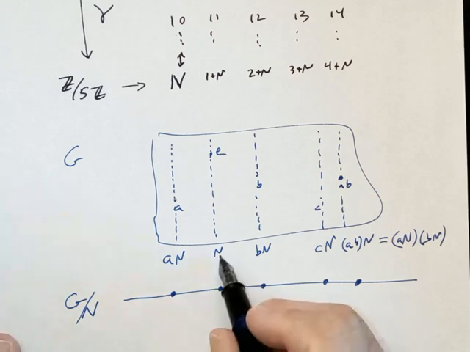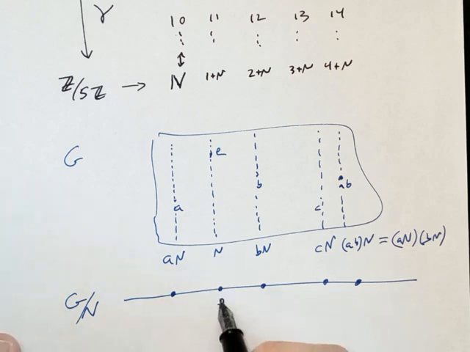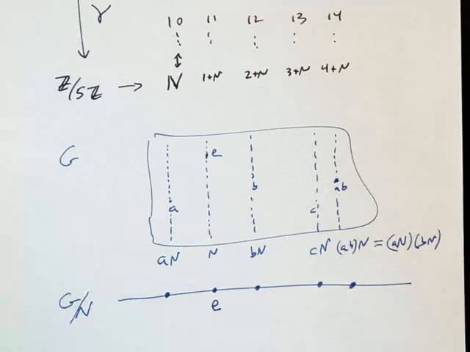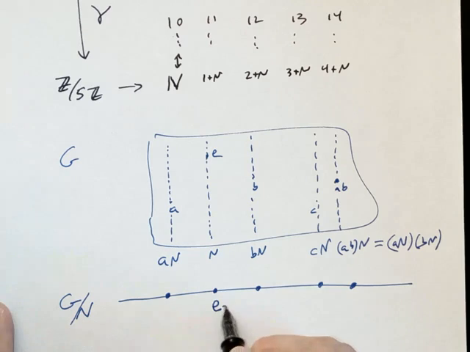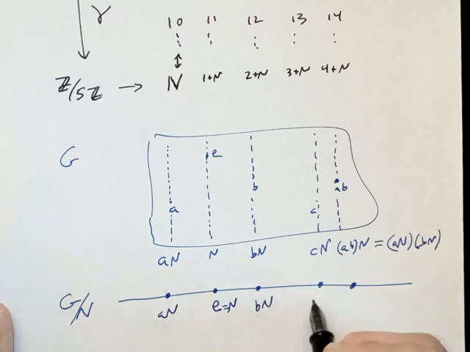And now, this plays the role of the identity in the conjugacy class group. And my other cosets now have this operation on them.